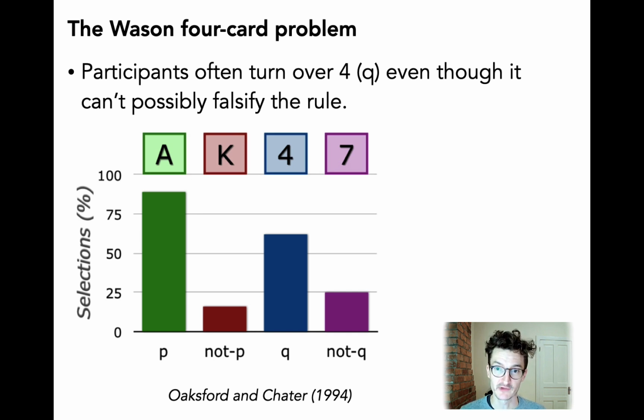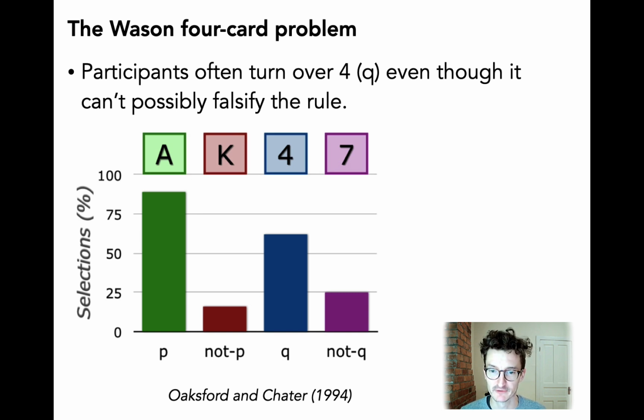If you flip it over and find that there's a consonant, that's meaningless, right? Because the rule is that if there's a vowel on one side, there's an even number on the other side. So participants are pretty bad, it seems, at using the rules of logic to solve problems like this.